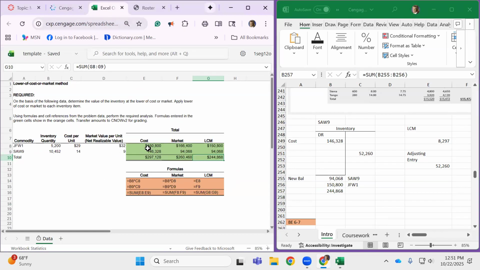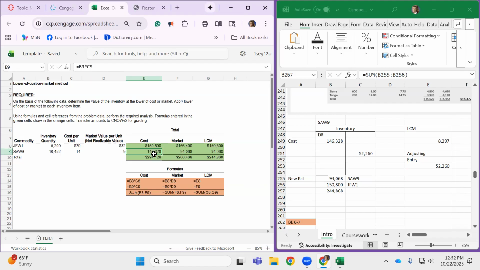One more time out here. When we did the math, we did the cost of all of our items, 5,200 times 29, then 5,200 times the market value, and we keep the lower of cost or market. So we keep the 150,800. But this item, when we went out and priced it in the market, was actually lower than what we paid. So we can't carry our inventory at an inflated value.